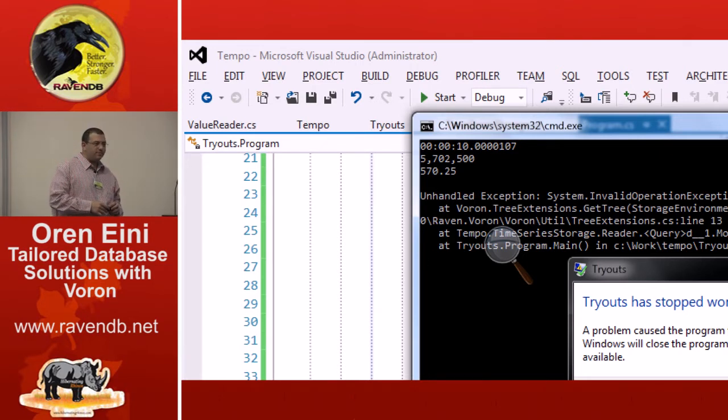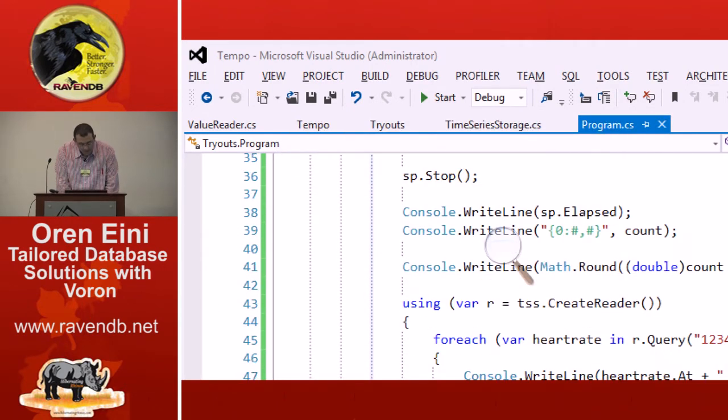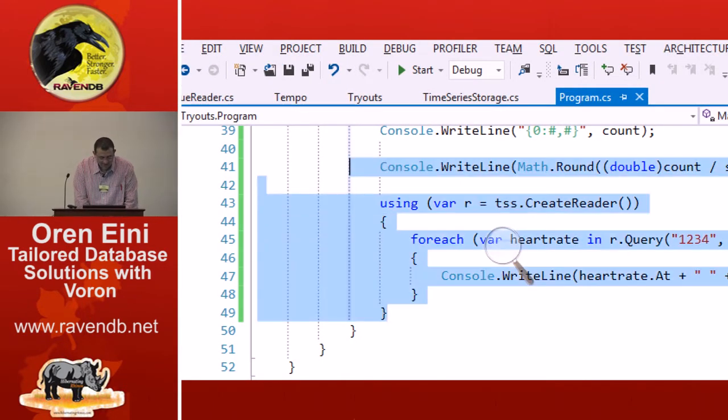And I cheated. Where are we writing this to? Did anyone notice? We're writing that to memory. So effectively, we're testing stupid stuff. But it makes for a very impressive demo, you have to admit.